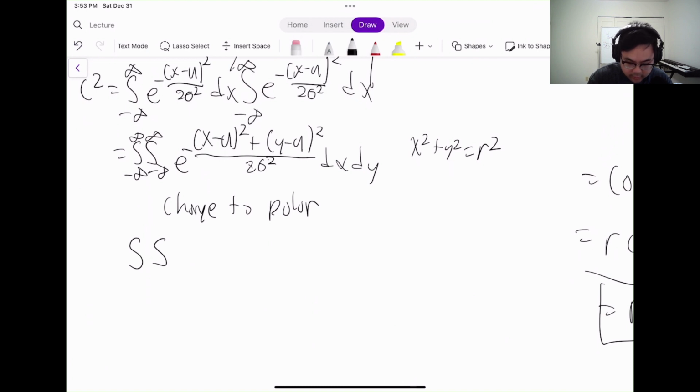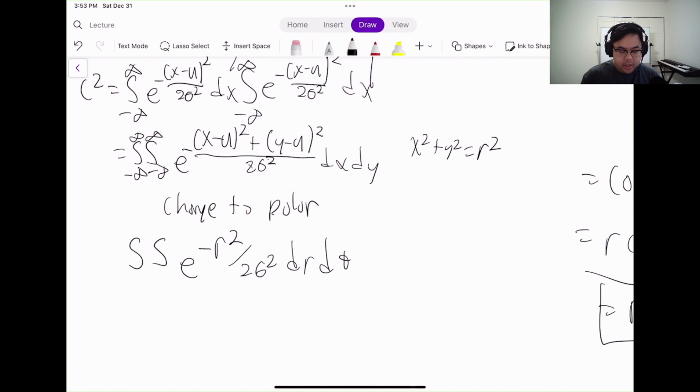So we have e to the negative r squared, because (x minus mu) squared plus (y minus mu) squared equals r squared, divided by 2 sigma squared. That didn't change. And this is all raised, it's just how it is. Okay, dr d theta.